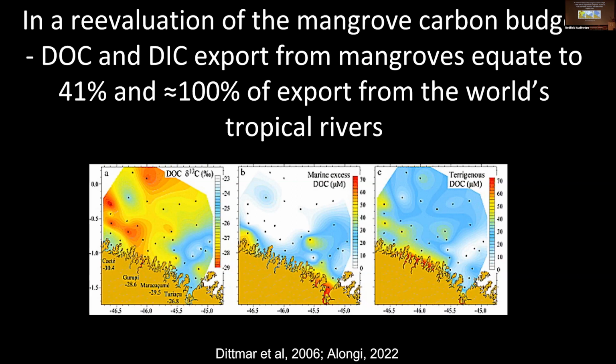That represents about 41 to about 100% of DIC export from the world's tropical rivers coming from these mangrove ecosystems. And here's work from Dittmar et al. in 2006, as well as Daniel Lange, redoing this mangrove budget. So it's showing the role of the export of carbon from these mangrove systems to the coastal ocean.